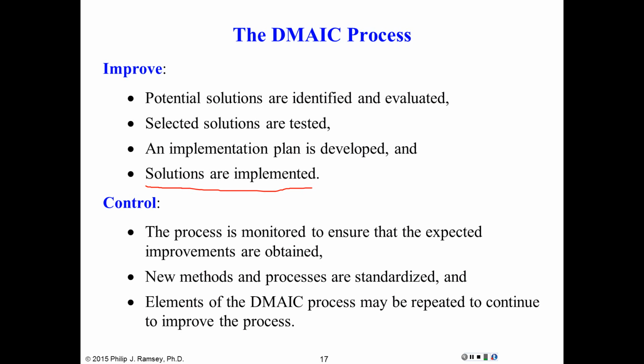But if the process is running as it has been implemented and you are seeing the improvements, then at the end of the control phase, the process is typically turned over to what we would call the process owners or stakeholders. At that point, the team would then celebrate success and move on.